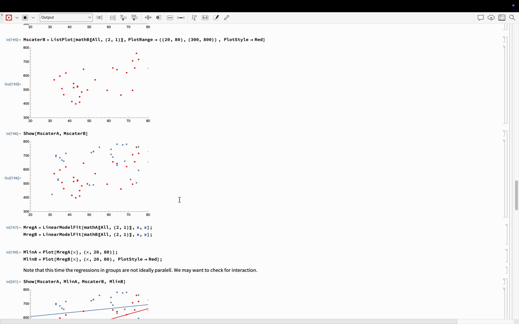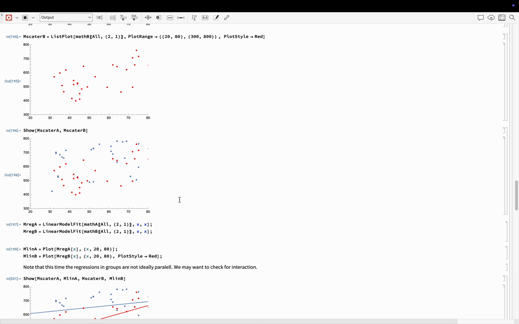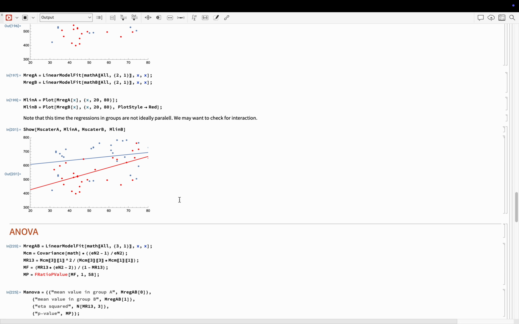However, again, from the picture, it is not that visible. Then we check for interactions here. And as we expected in real life data, the picture is not that clear as before.